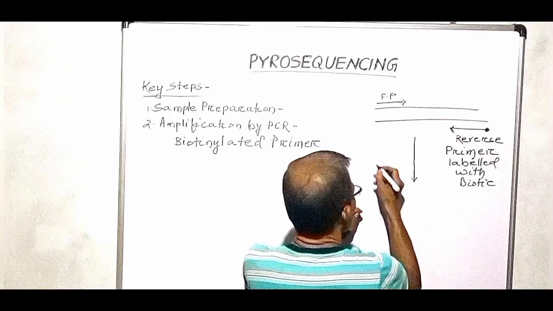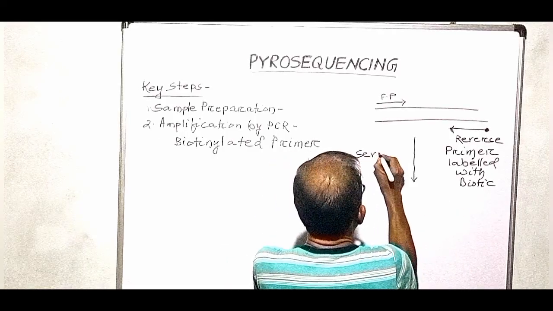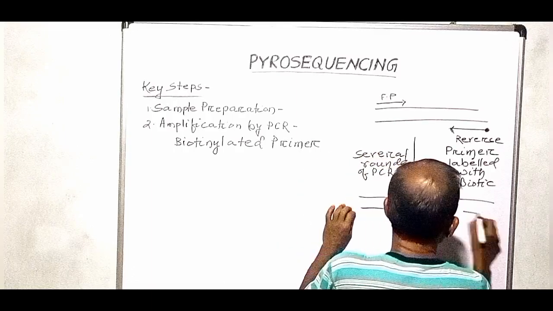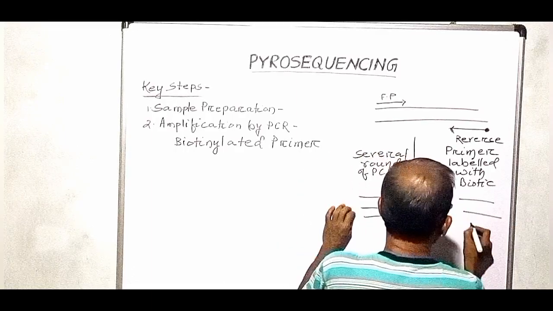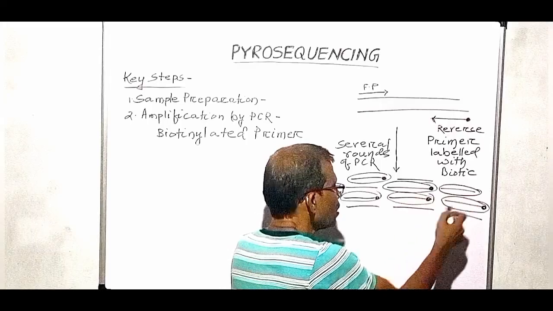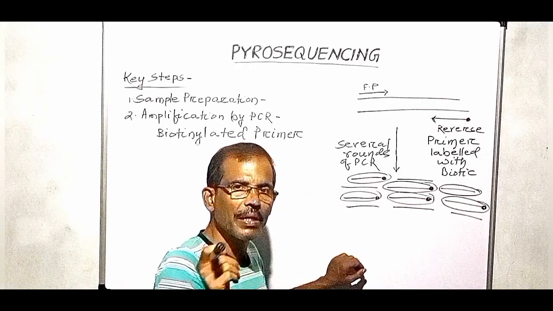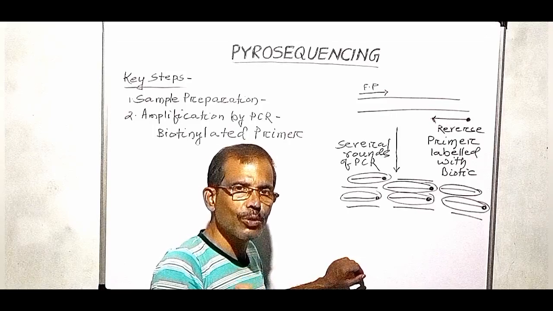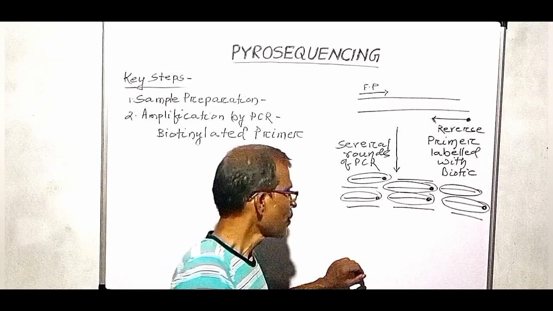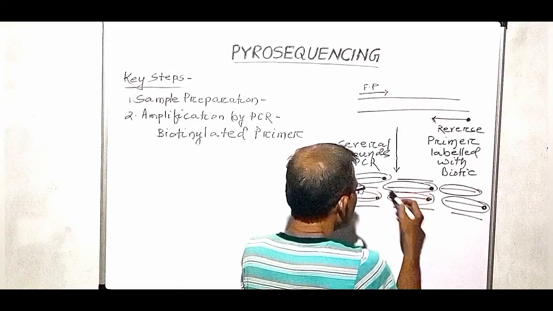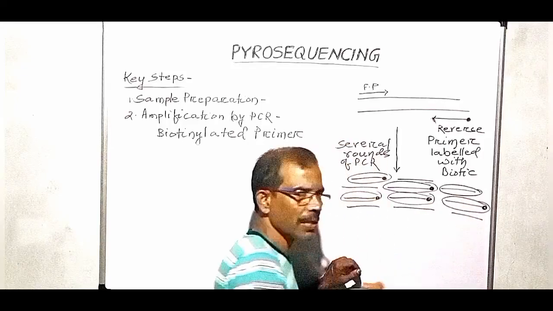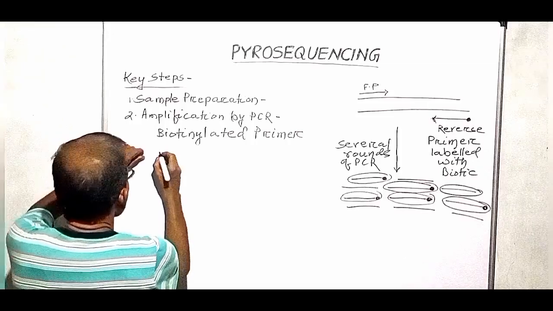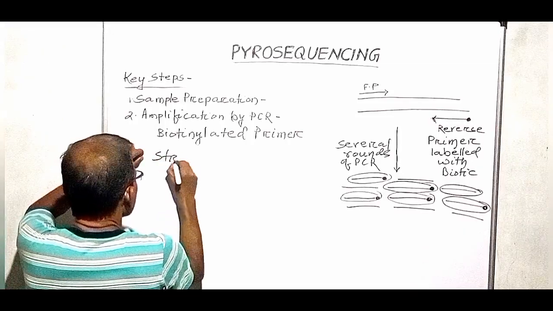After several rounds, we obtain a very large number of DNA strands, some of which are labeled with biotin. Out of these, only biotin labeled DNA strands which are of the same type are used for pyrosequencing. These biotin labeled DNA strands are isolated from the PCR product by using streptavidin coated magnetic beads.